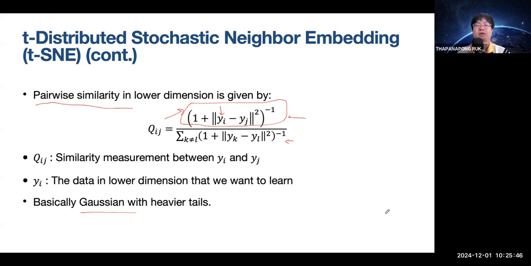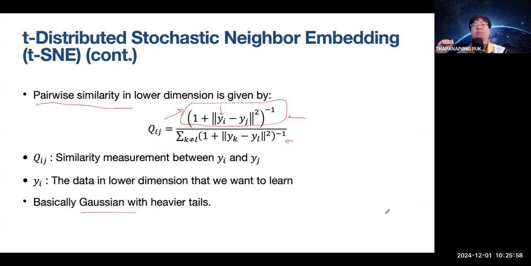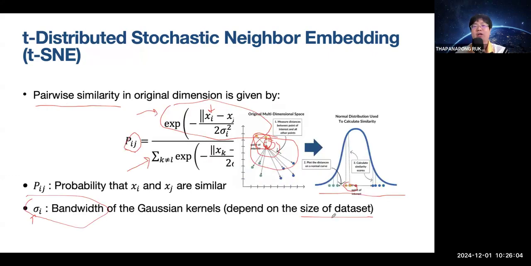And so we have two scorings, right? We have the pairwise similarity in the original dimension, and then we have the pairwise similarity in the lower dimension. Now the difference is that for Pij, we can calculate it because we know xi, it is our data.